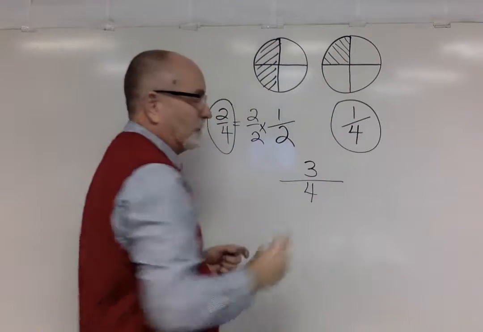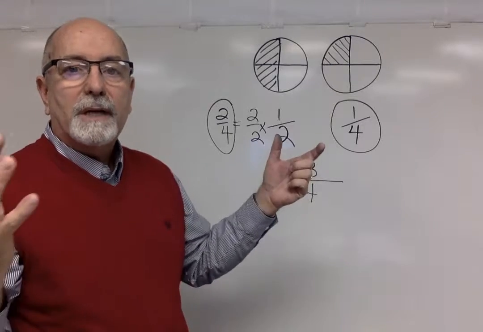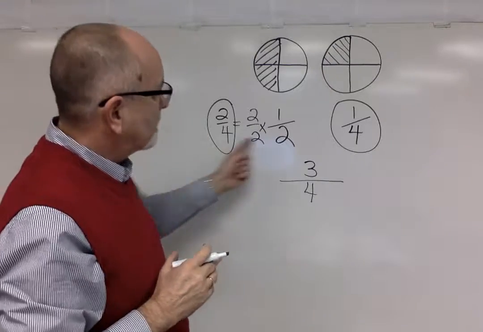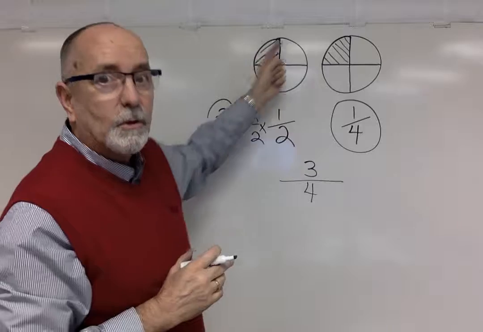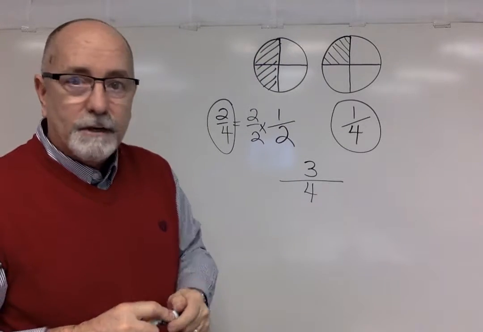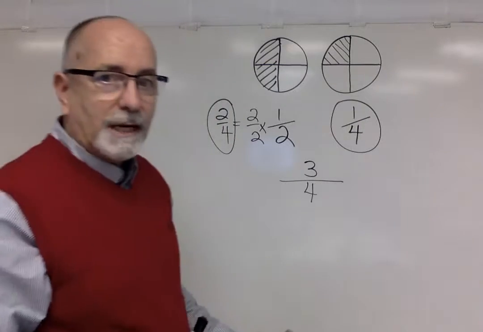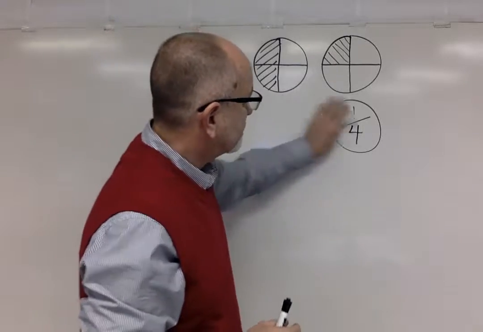And so I have a total of 3/4 of a circle when I add the same size sectors or parts. I was able to do that when I got the denominators, the total parts, the same for both wholes. That is very important when I add and subtract. I cannot do the adding or subtracting until I get what we call a common denominator.